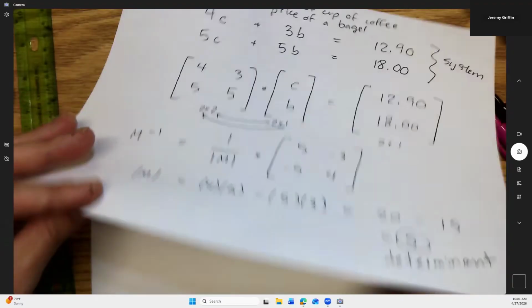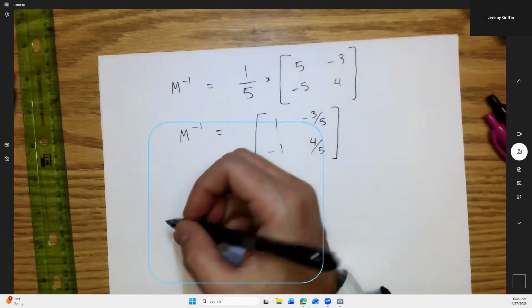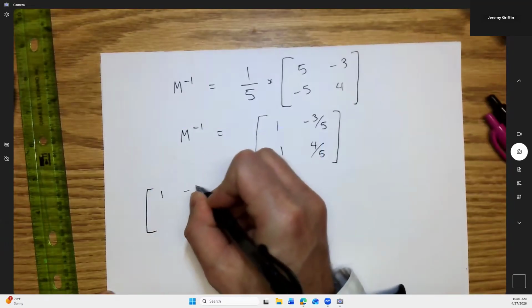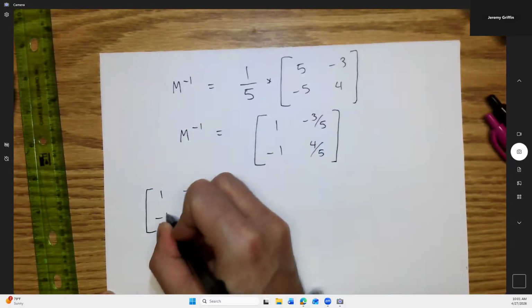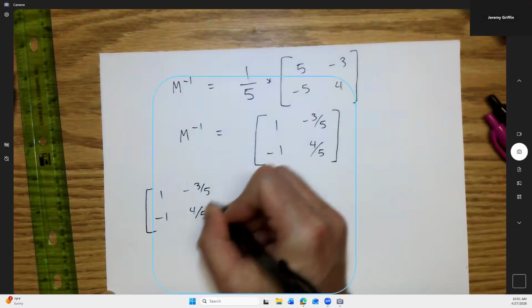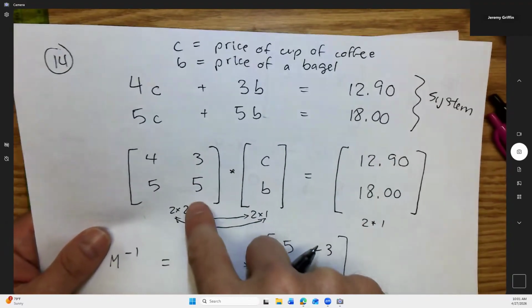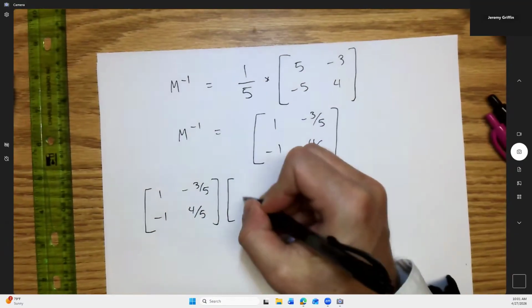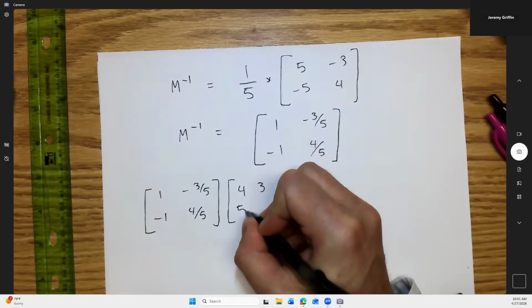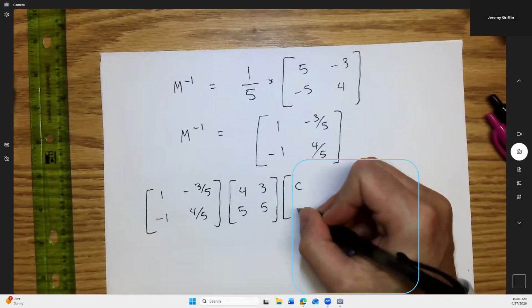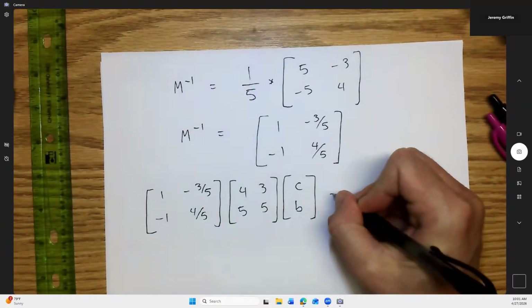All right, so I'm going to say the inverse matrix, 1, -3 fifths, -1, 4 fifths, multiplied by the original matrix 4, 3, 5, 5, and then the price of coffee, price of bagel equals.